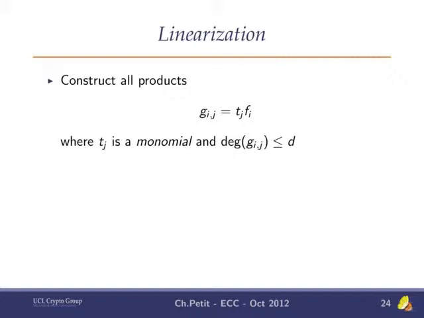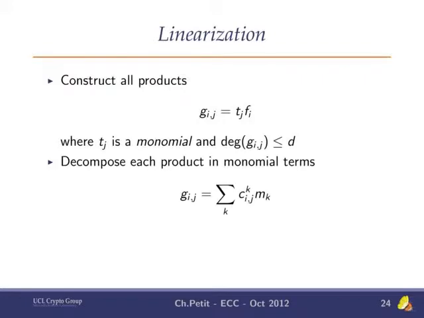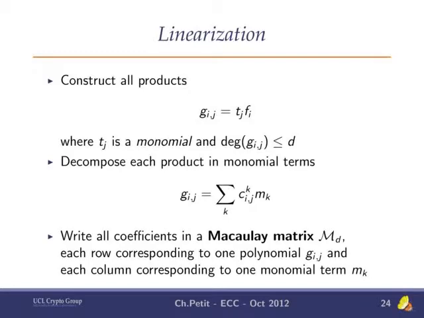You consider them as a sum of monomial terms, and then you write all the coefficients in a big matrix that's called the Macaulay matrix. The Macaulay matrix basically has a row corresponding to each of those polynomials and a column corresponding to each monomial. So once you have more rows than columns, then you can do linear algebra and recover the solution.